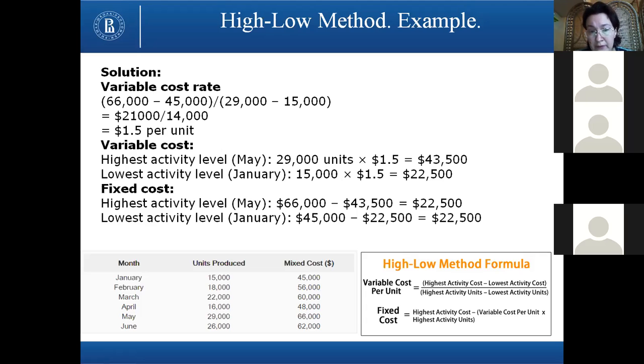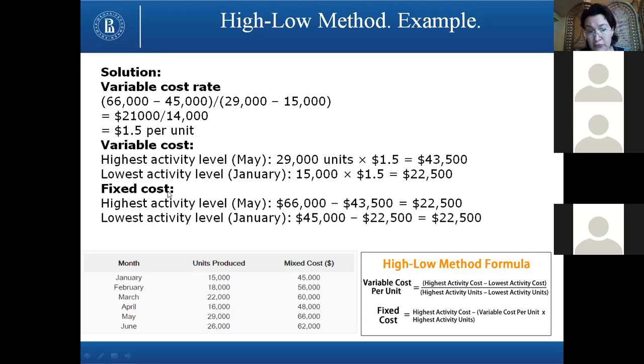We should multiply the quantity produced in May and the quantity produced in January, in units, by the variable cost rate. And this way we can get two figures for variable cost.